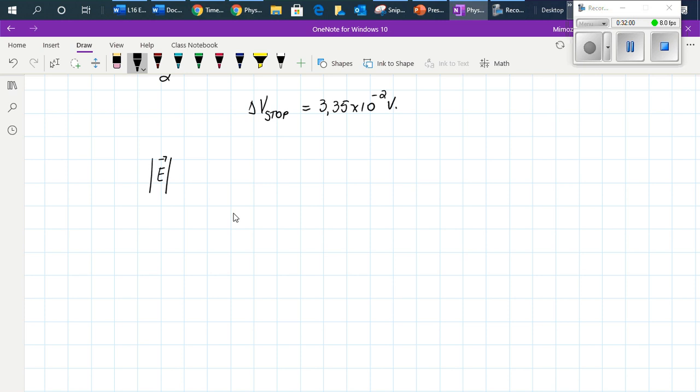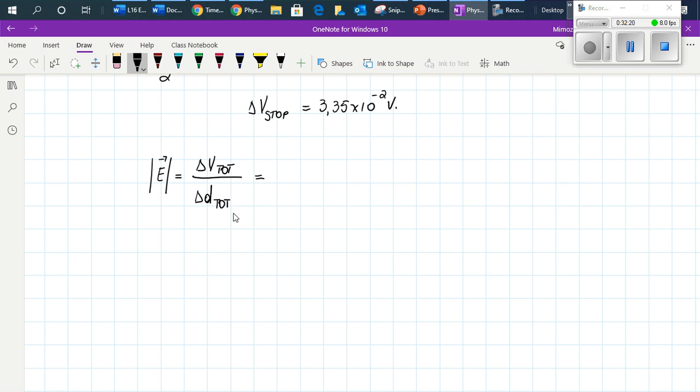Now, we said that the magnitude of the electric field strength is delta V total between the two plates over the total distance between the two plates. But at any point between the parallel plates, this is the same.